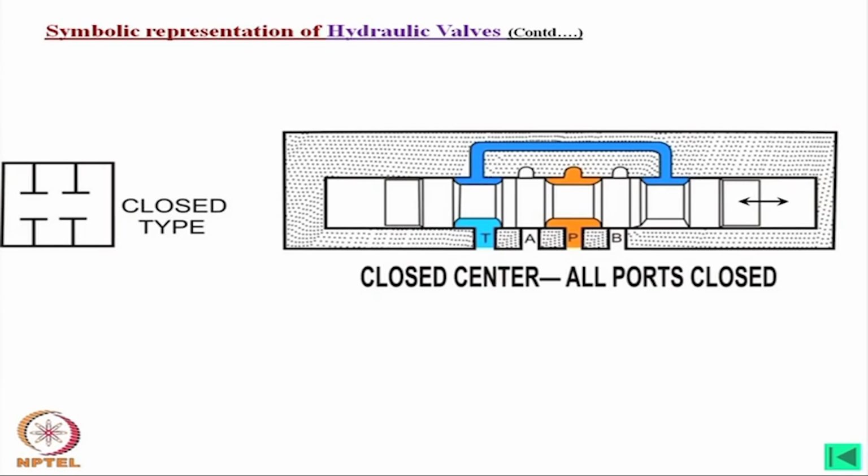Now, let us look into the details of this valve, how it looks. What is this one? This is a spool, from this point to this point it is a spool. This is a circular, cylindrical one.